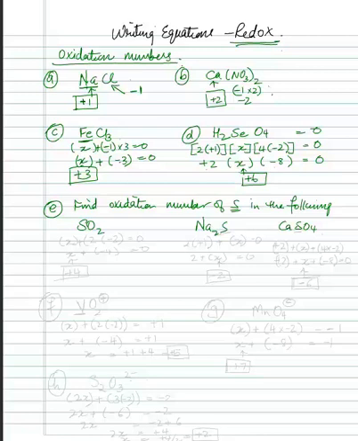So let's work with these 3 compounds now. Here we have sulfur, which we don't know, and we have 2 oxygens, and each of those is -2, and that should be equal to 0. So x plus -4 is equal to 0, so x then is +4. Okay, that's how you figure that one out.